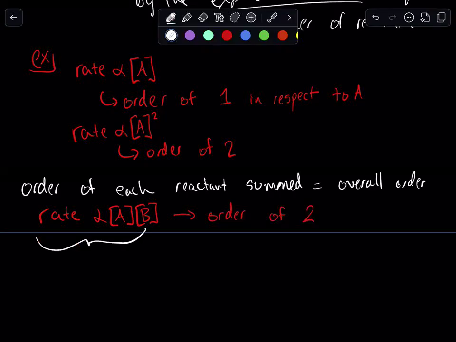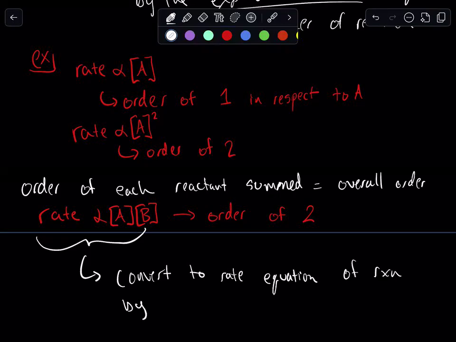Now, what can we actually do with these proportionalities? Well, we can convert this into the actual rate equation by using a rate constant.